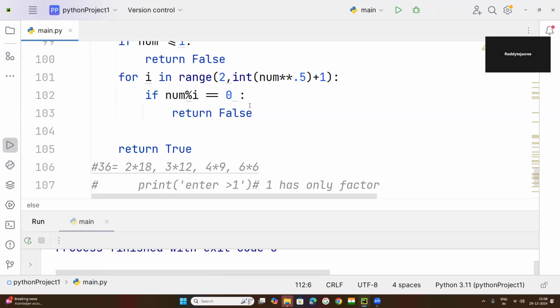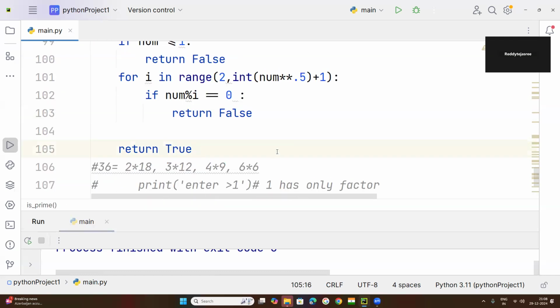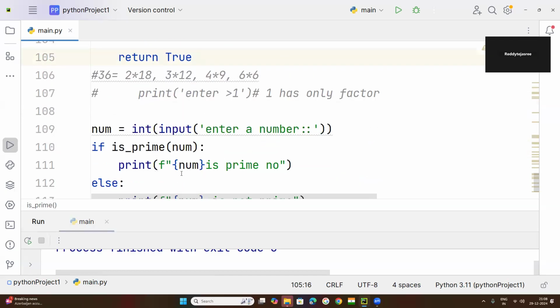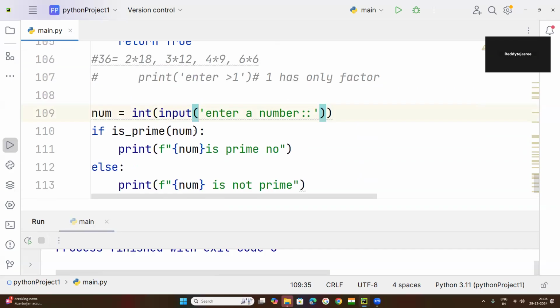So return false, not prime. Otherwise return true. Next, take the number, call the function, and num is the parameter, print, formatted string.